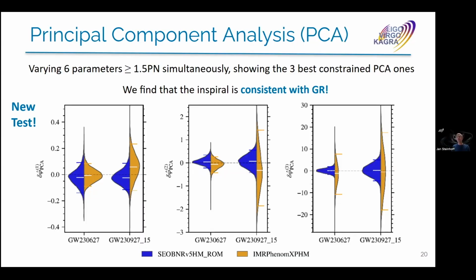The other directions, so to say, are not well constrained and are not shown. And we had 2 events in O4, the 4th observing run, that were analyzed. And again, you see that results are pretty consistent with general relativity, and also the bounds are pretty tight, considering it's a 6-dimensional analysis.